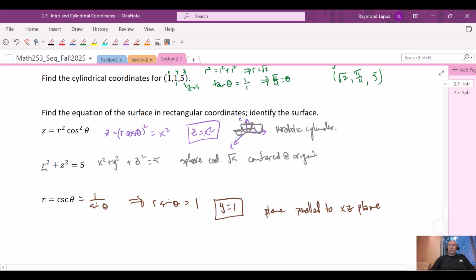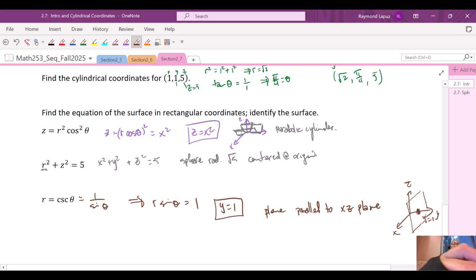So if you attempt to draw this, I think it's manageable. This is your x, your y, and your z. You go to where y is equal to 1, and then you would draw a plane passing through that point y is equal to 1.